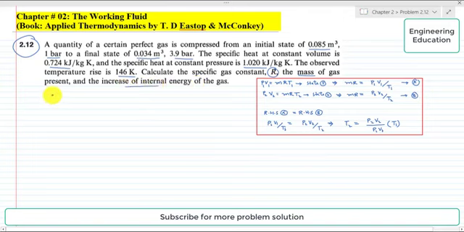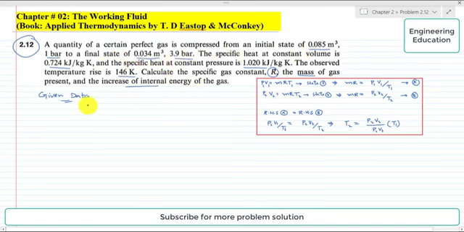So first of all we will write the given data. We have given the initial state and the final state. 1 is used for initial state while 2 is used for final state.